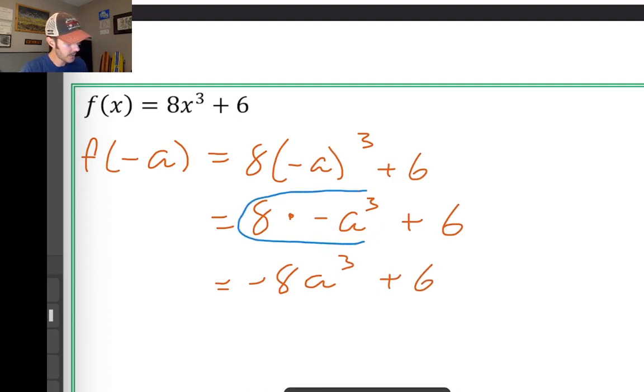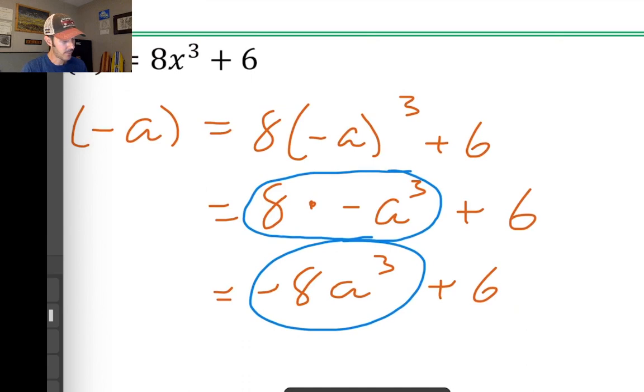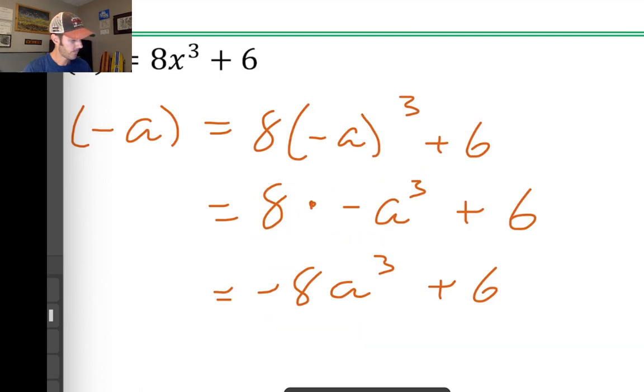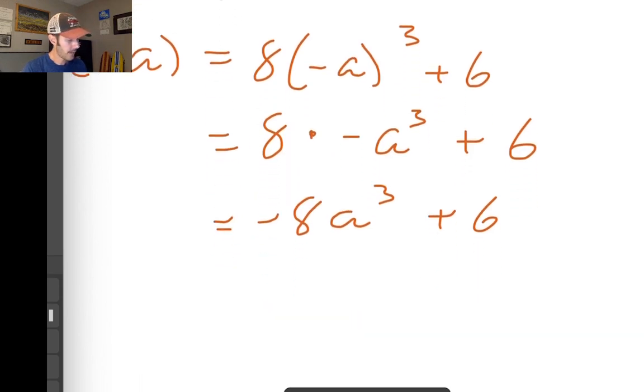I was able to take these items and move them around and write it like this because they're all really connected by multiplication. Really, this says 8 times -1 times a times a times a. It's all multiplication, so we can move it around, change the order. Great, so that's f of negative a.